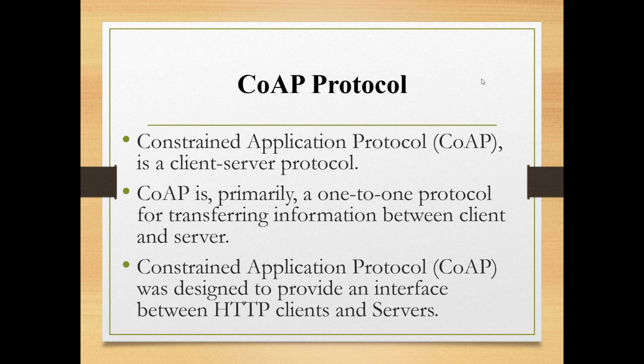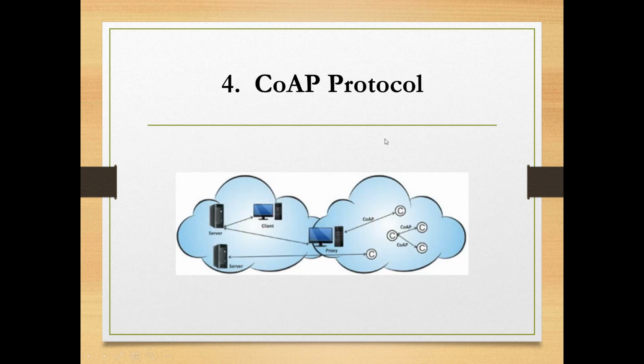So I was talking about the constrained application protocol. It was implemented for replacing the HTTP protocol, which consumes a huge amount of power. This constrained protocol is a client-server protocol. Here the client interacts with the servers directly without any intermediate.